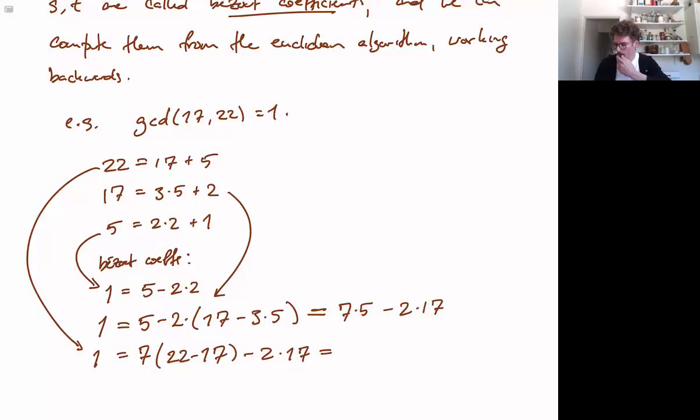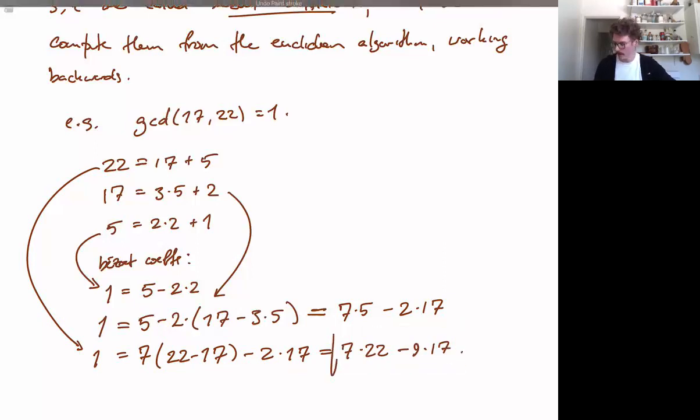So how many 22s do we get? I believe we just have 7 of them. And then how many 17s? We have -7 minus 2. Okay, and that is the final expression that we were looking for, right?